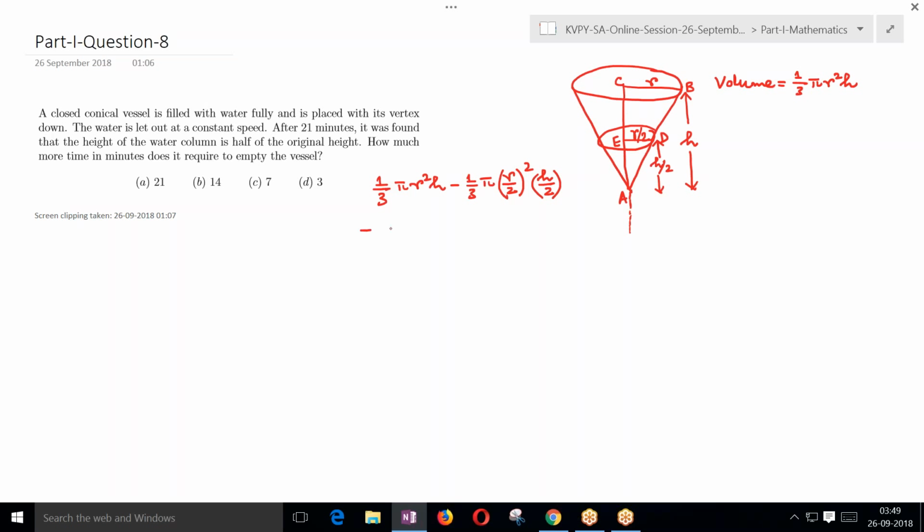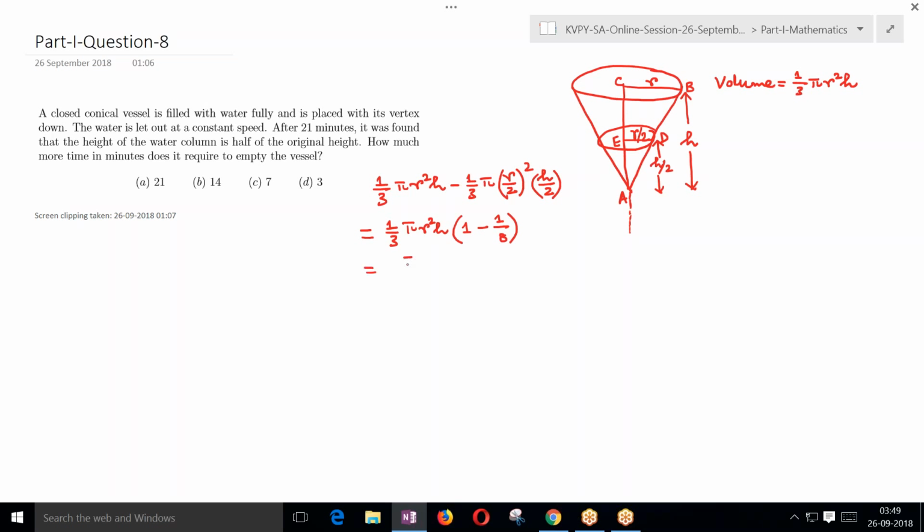If we simplify, taking 1 by 3 pi r square h common, it becomes 1 minus 1 by 8, which is equal to 7 by 8.